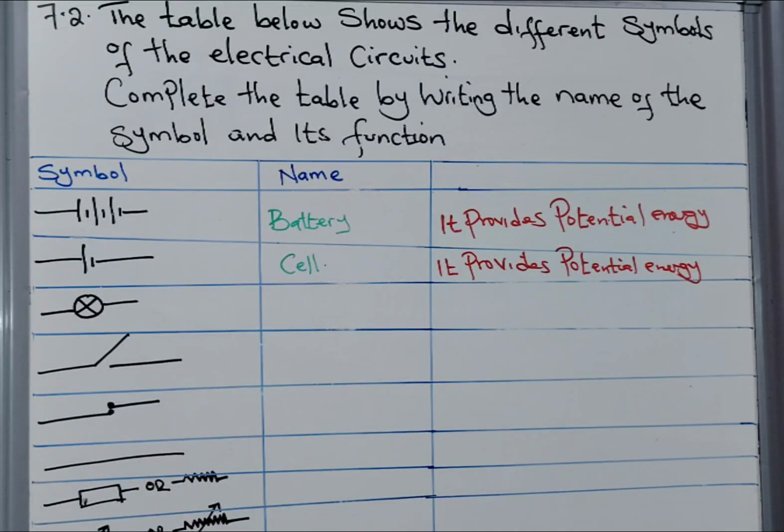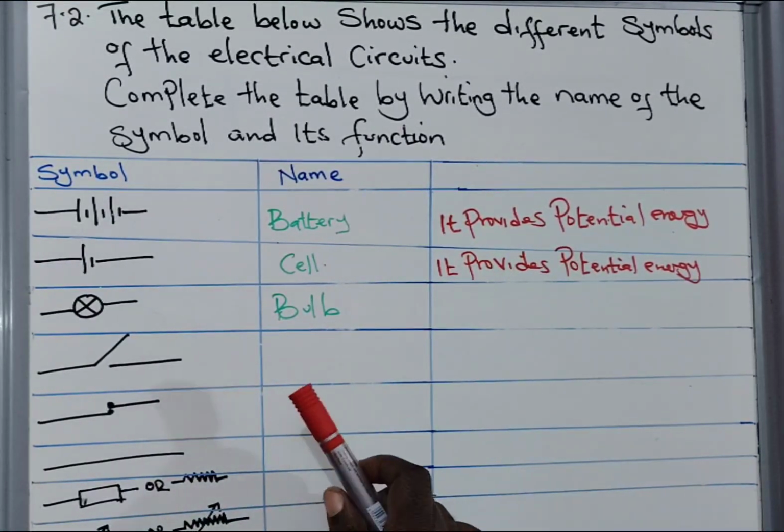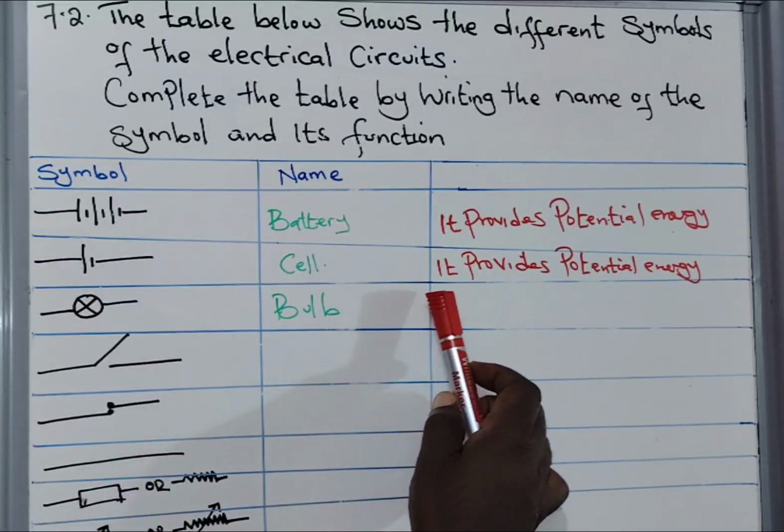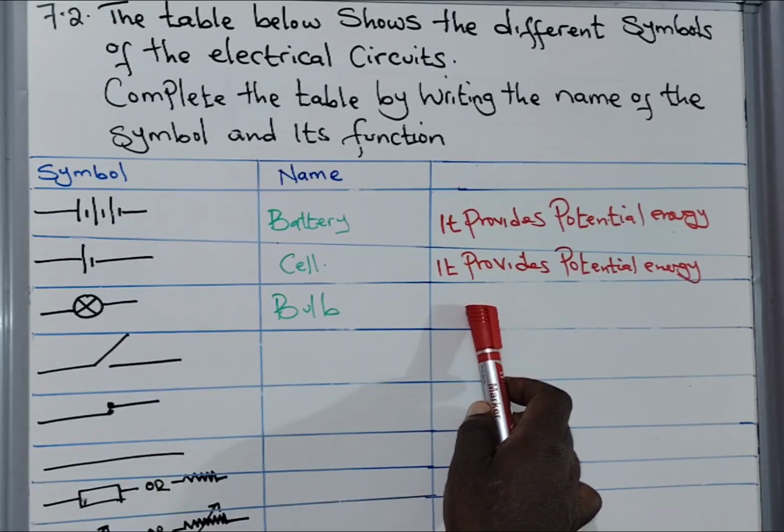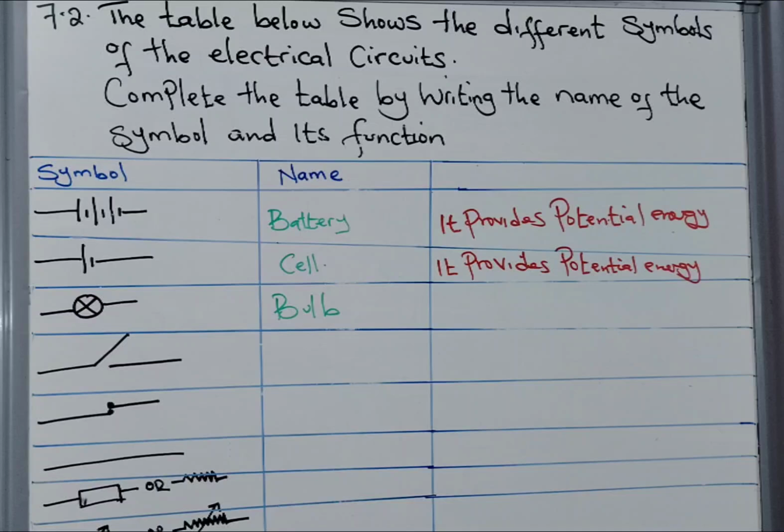So now comes this symbol. What does it represent? It represents a bulb. And what's the function of the bulb? It converts electrical energy to light.